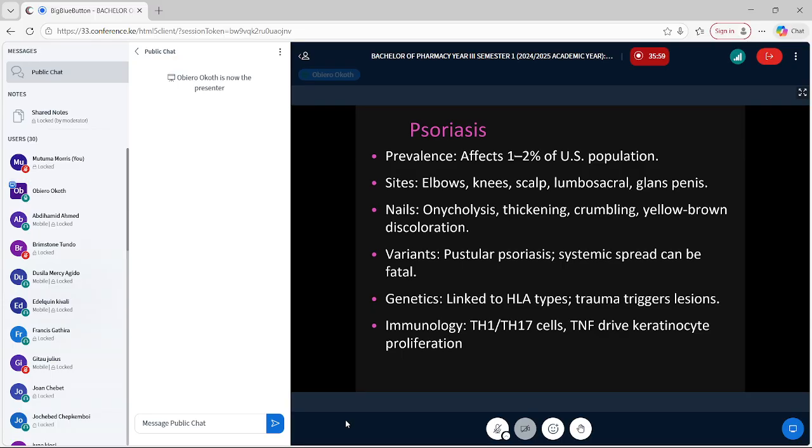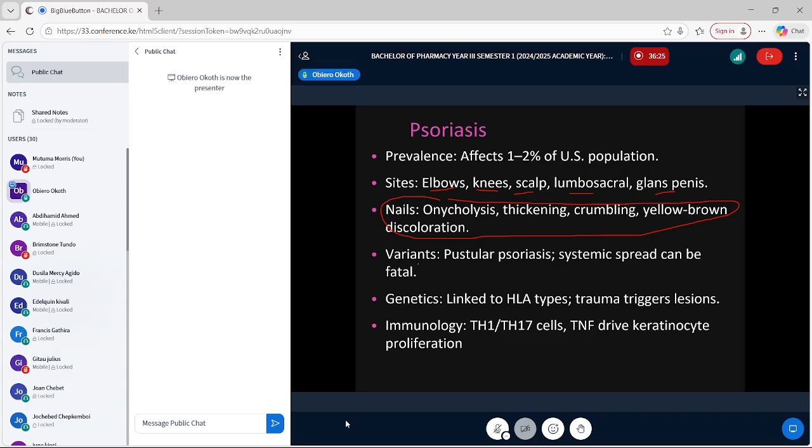Psoriasis is common. It affects the elbows, the knee, scalp, lumbosacral, it can even affect the glans penis, and most of the time you also get some form of nail damage. So nail changes mean the nail is breaking apart, or is thickened, or is crumbling, or it has some yellow-brown discoloration.